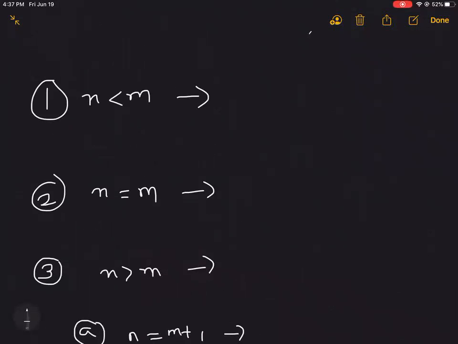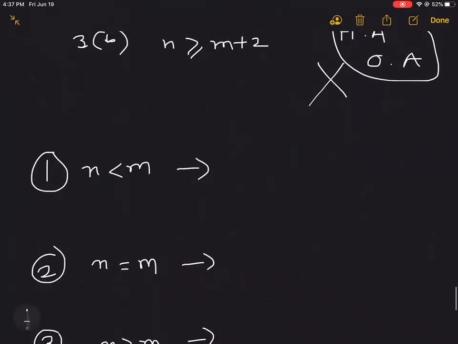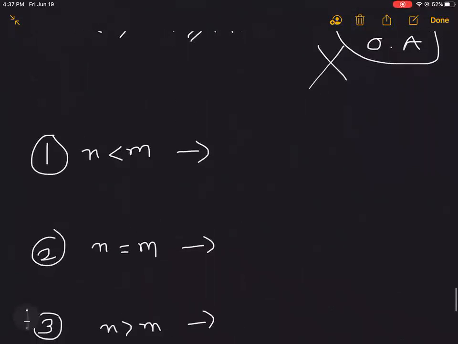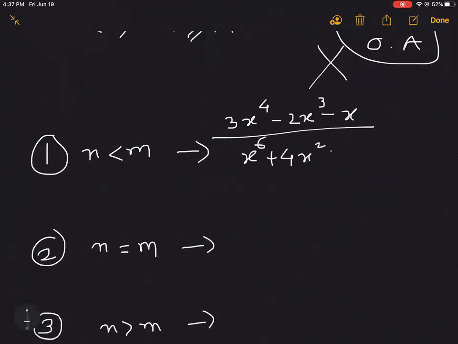Okay, let's start. So let's say I have a function like this, minus 2x cubed minus x, over x to the 6 plus 4x squared plus 8. Okay, first of all, which category does it satisfy?